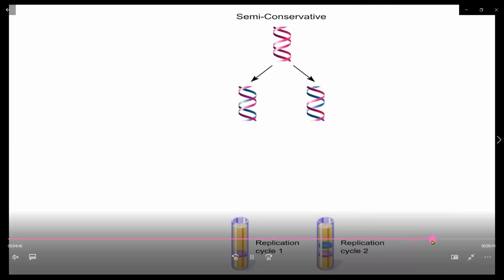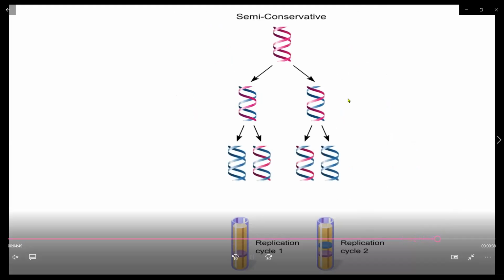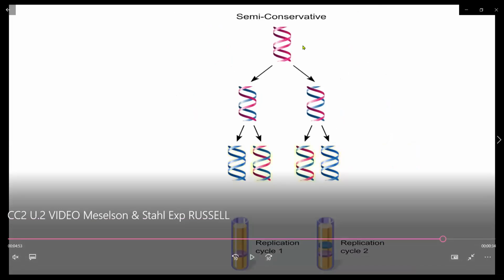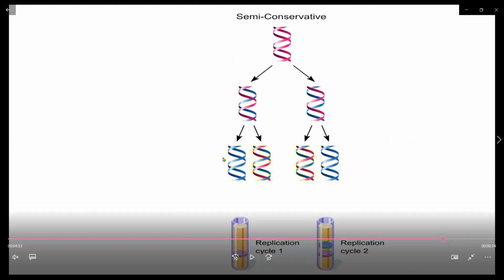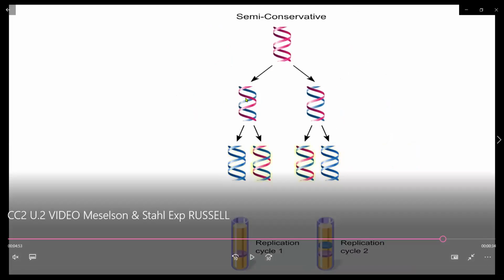So dispersive was rejected, and now coming to semi-conservative. As you can see, when we have a second set of replication in the semi-conservative model, you can see the pink and the blue. In the second replication cycle, the pink and the blue strands are separating.